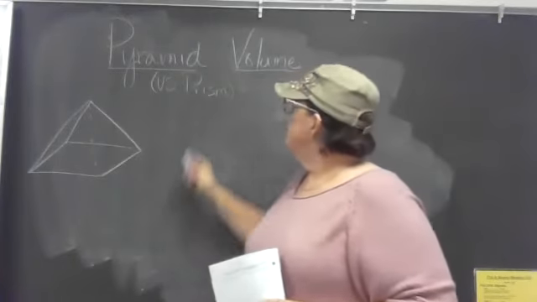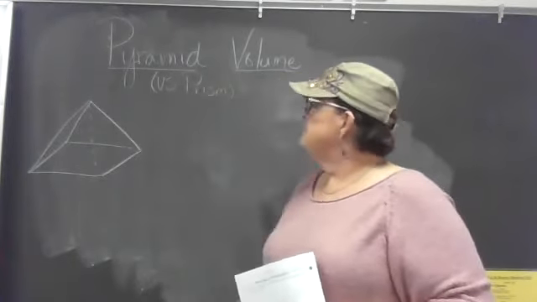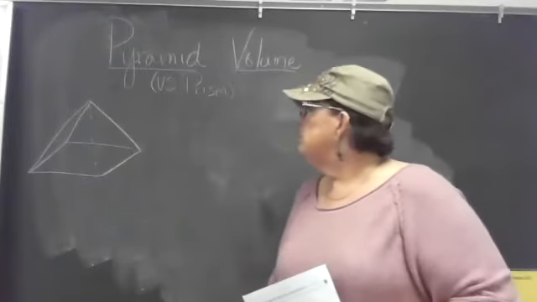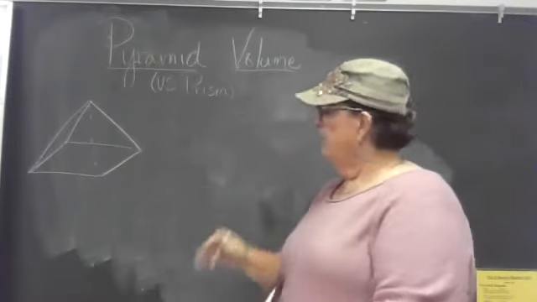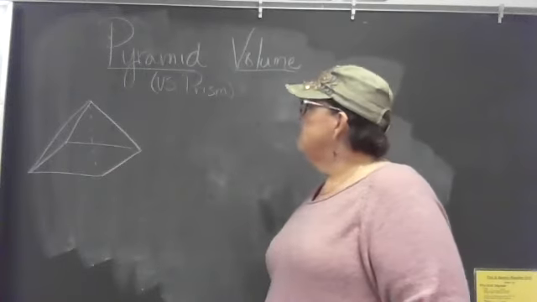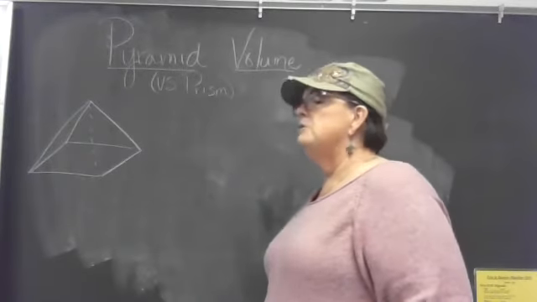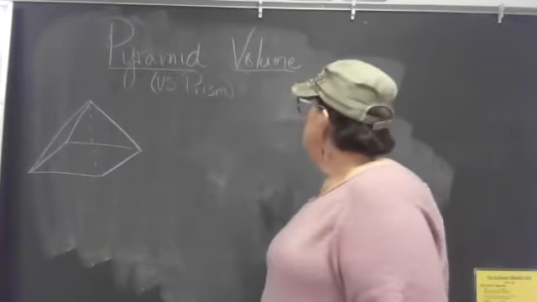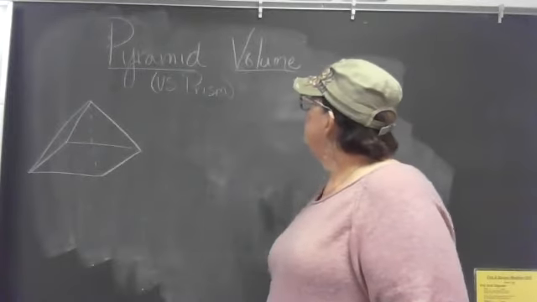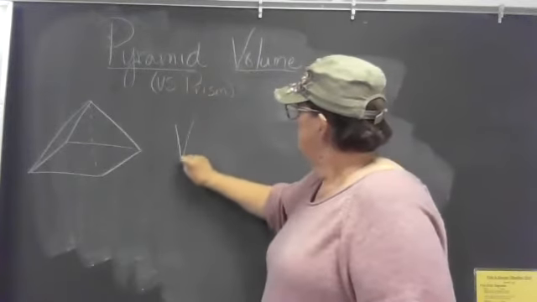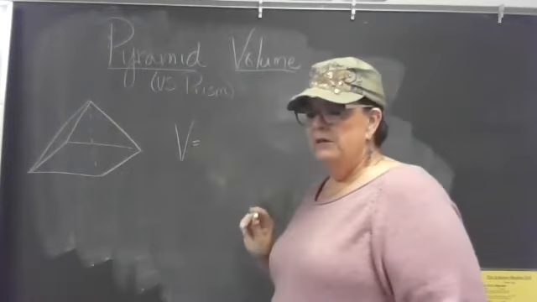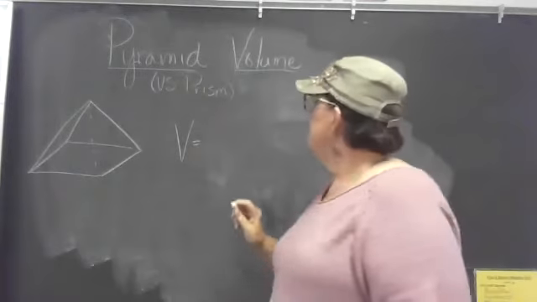Okay, so just remember that the difference between a pyramid and a prism are the bases. Prism has two bases that are parallel to each other and are equal to each other. Pyramid just has one. Okay, the cool thing about the volume of a pyramid, I will look and see if it's like this on the formula chart.